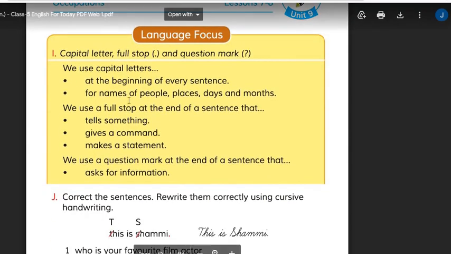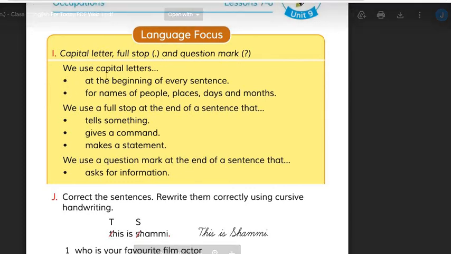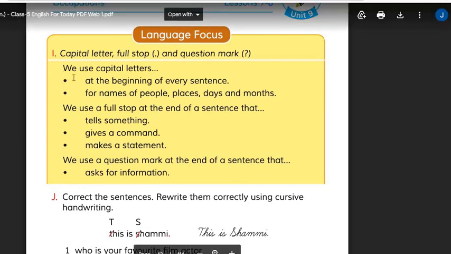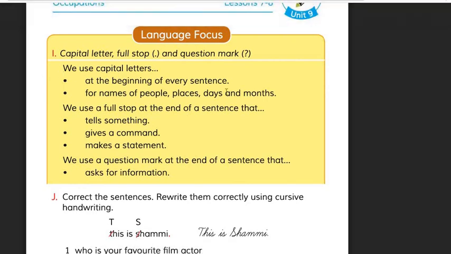At the next page, it's language focus. Using capital letter, full stop, and question mark. When do we use capital letters? We use capital letters at the beginning of every sentence, and for names of people, places, days, and months.